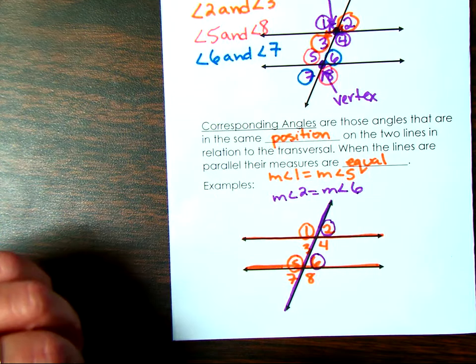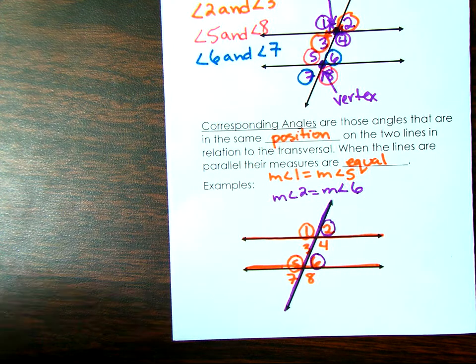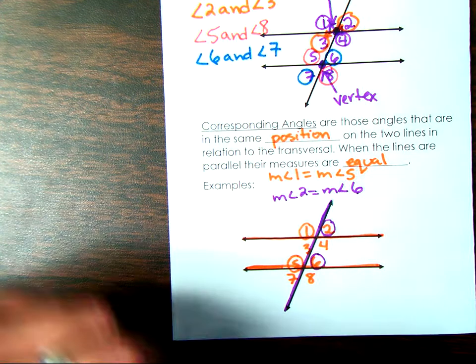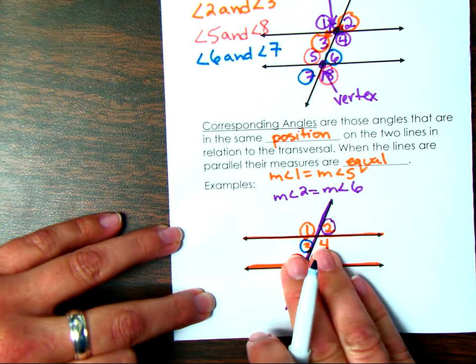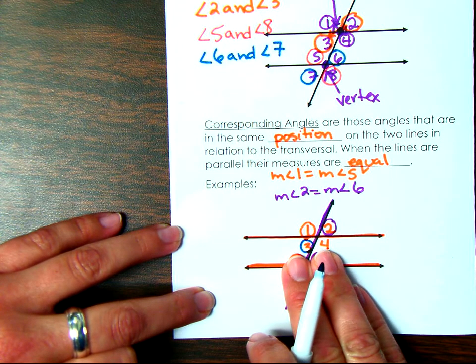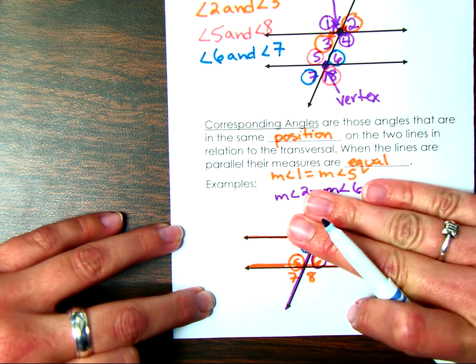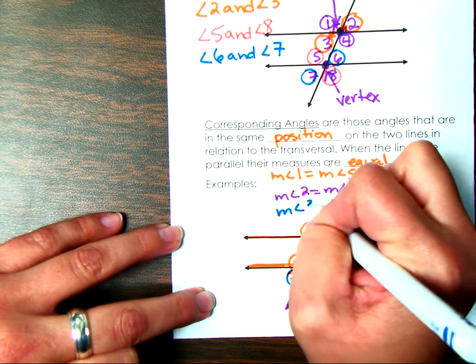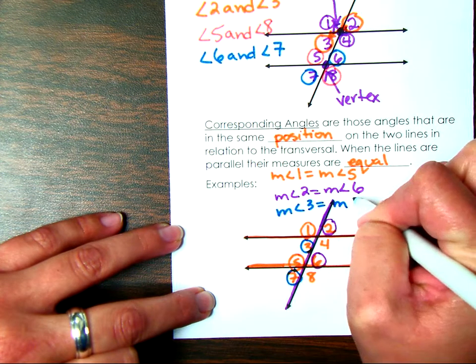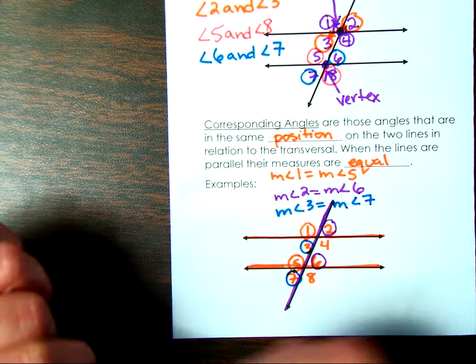Okay, so just something to think about to see how you can see these patterns. And then if we look at 3, that's the lower left. So the lower left down here is 7. Just something to think about. Measure of angle 3 is corresponding to the measure of angle 7. Therefore, they are congruent.